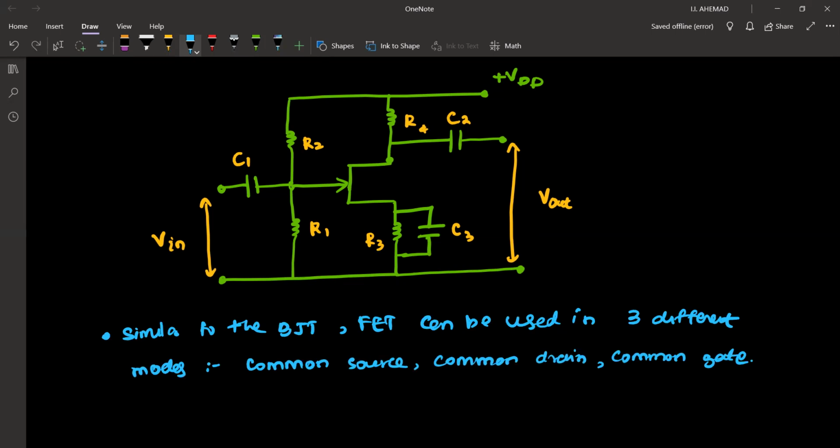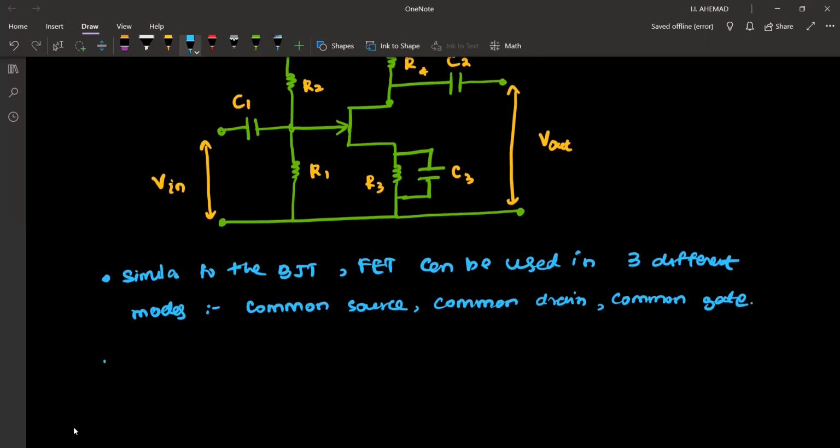Here we are using common source. This is the common source configuration.